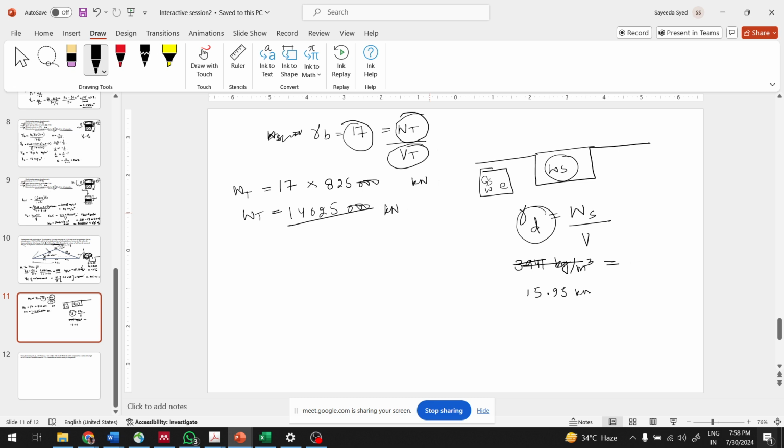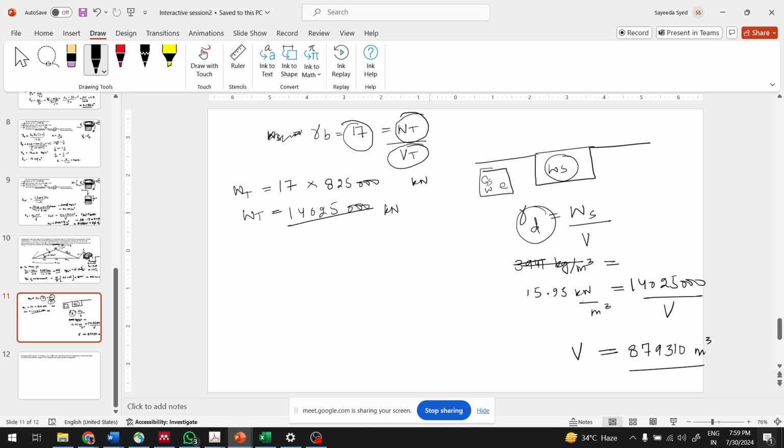15.95 kilonewton per meter cube equals 14,025,000 over V. So our volume will be equal to 14,025,000 over 15.95, which will be about 879,310 meter cube.